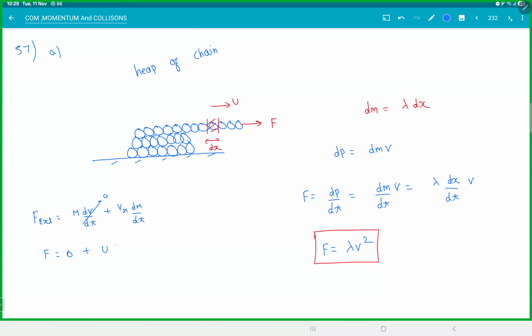V relative is u and dm by dt is that term only. There, you could have done that one, it works. So if you want to pull the chain out of the heap, you have to apply a force lambda v square. Clear with that?